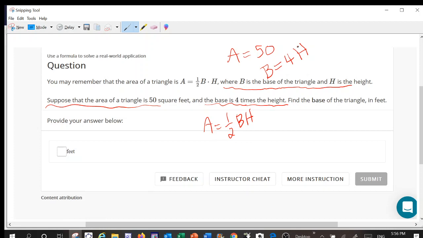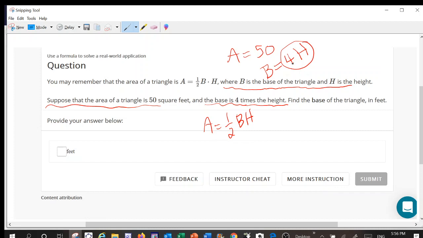So the base is 4 times the height. What does that mean? Well, that means I can substitute. We want to find the base, so I'm just going to substitute 4h for B, or I can substitute B over 4 for H. That's the same thing. Doesn't matter.